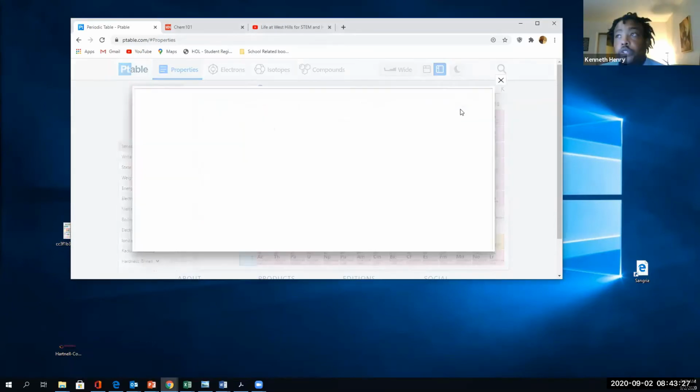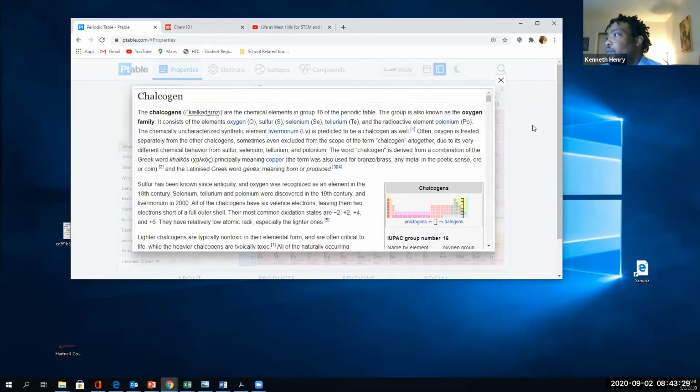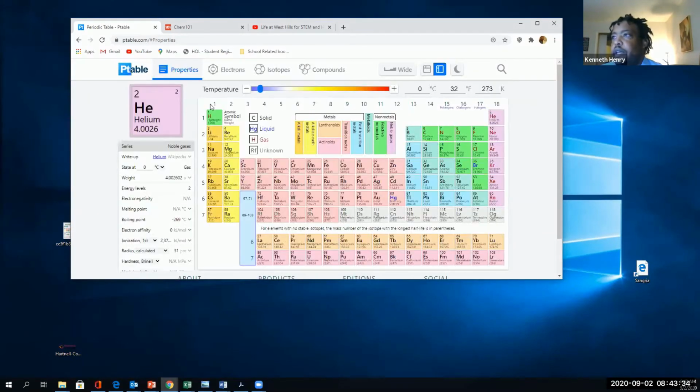On older periodic tables, they would say 1A, 2A, and then go immediately over here to 3B, 4B, 5B, 6B, 7B, and 8B. That's the way they used to arrange it in the old days.